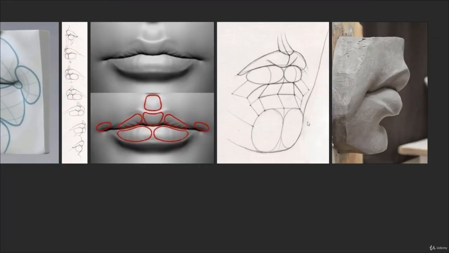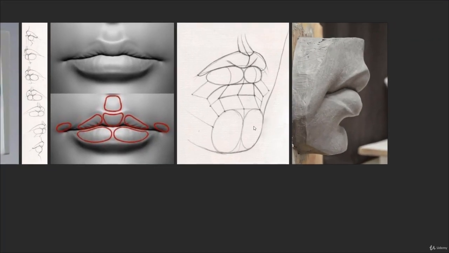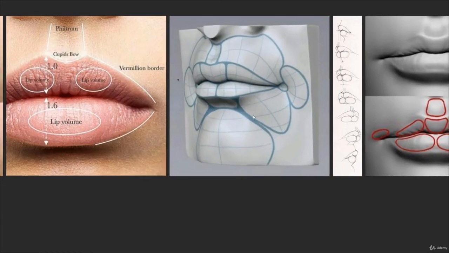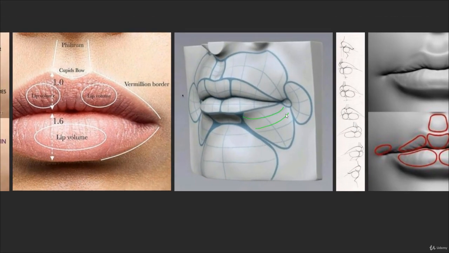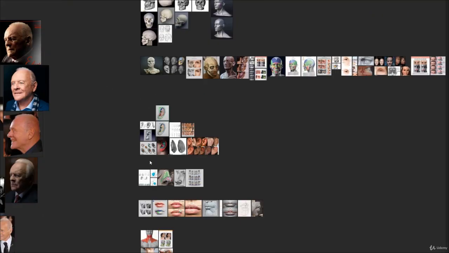And these two diagonal shapes that I was mentioning are related to the muscles.